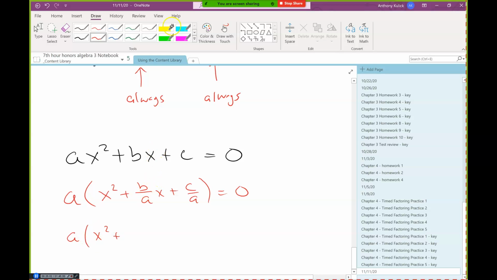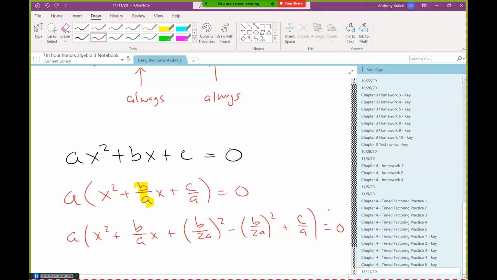So our b in this case is really like b over a. So b over a divided by 2 is b over 2a. Everybody so far so good?